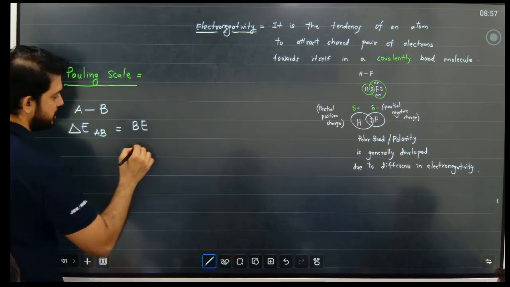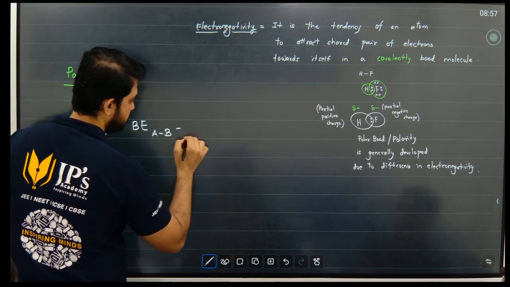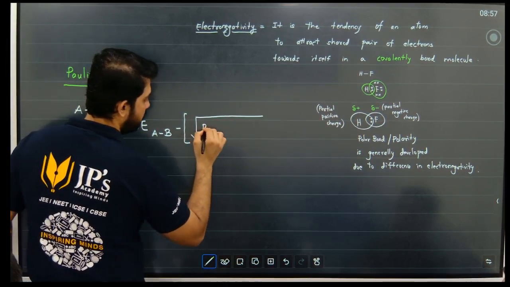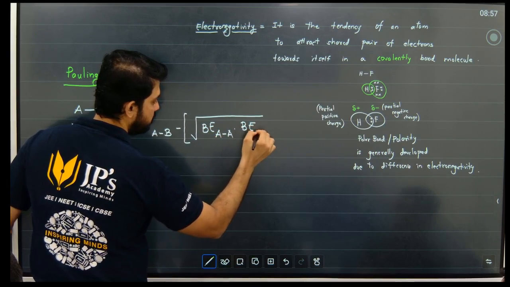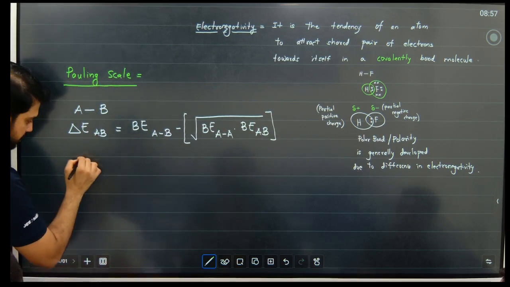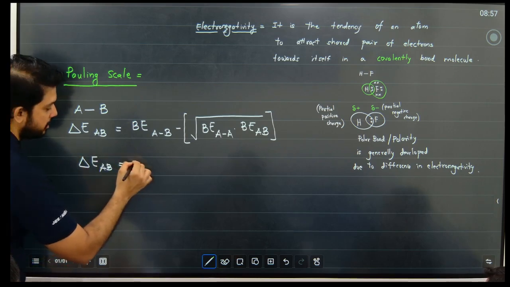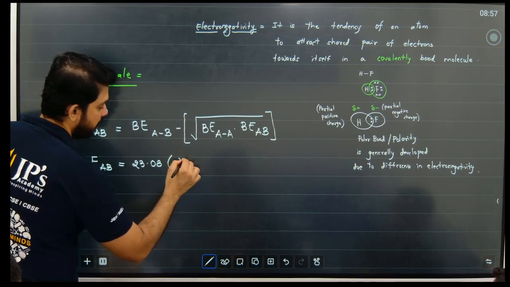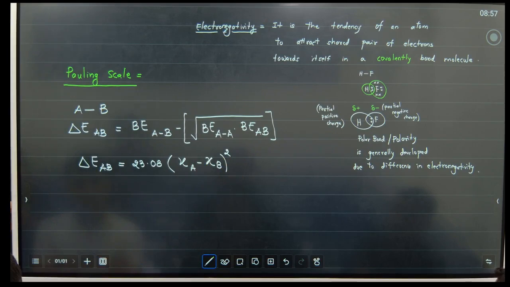The bond dissociation energy of AB minus under root of bond dissociation energy of AA into bond dissociation energy of BB, and the difference in electronegativity delta E of AB is given by 23.08 into electronegativity of A minus electronegativity of B, the whole square.